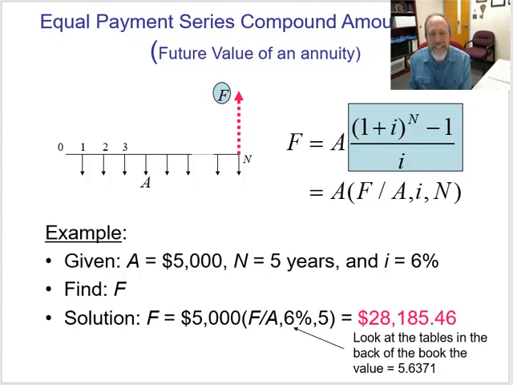Whenever you're looking at amounts of money, whether it's an equal payment series or a value or an investment at a specific point in time, and you want to compare, you need to bring everything to an equal point in time.